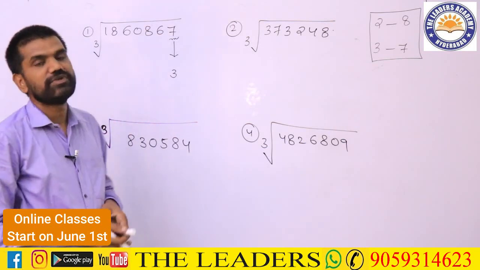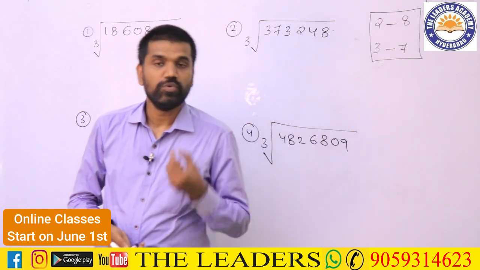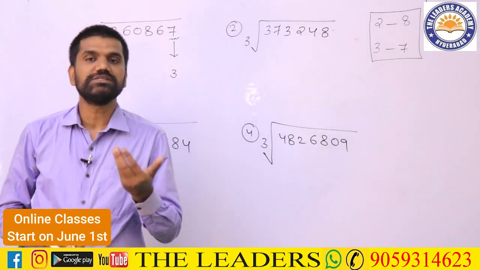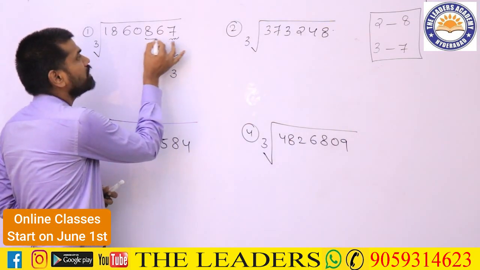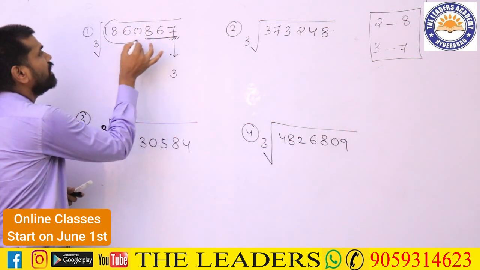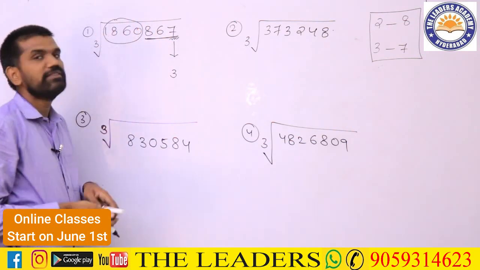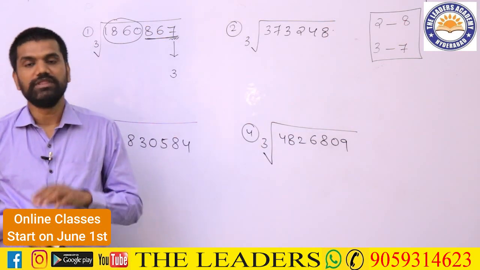Based on that last digit, we can decide what the last digit of the cube root is going to be. Once we have decided that, remove the last 3 digits of the given number, and check between which two cubes the remaining number lies.